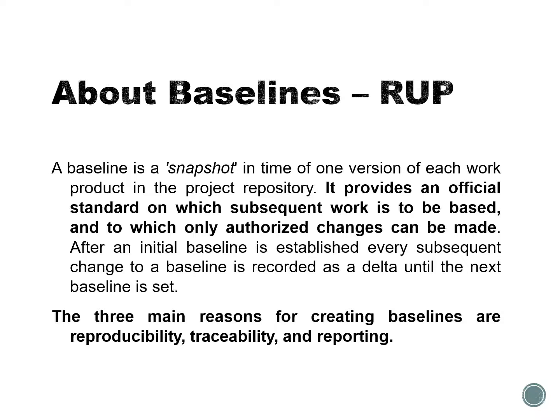We can trace where things started to go wrong, and we can report, for example, how much work or how many new features are done, how complete our new version of the software is based on what we need and what we have already implemented on the baseline version, which was the starting point of this development iteration.